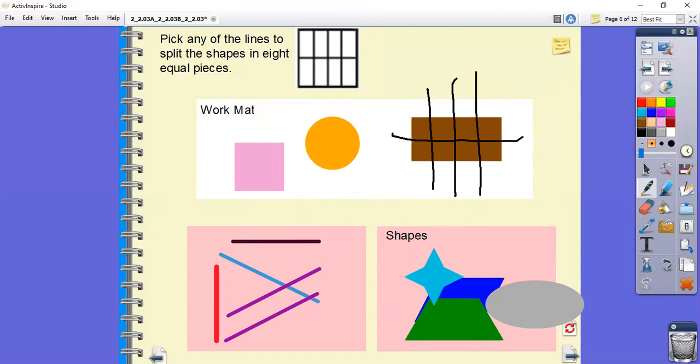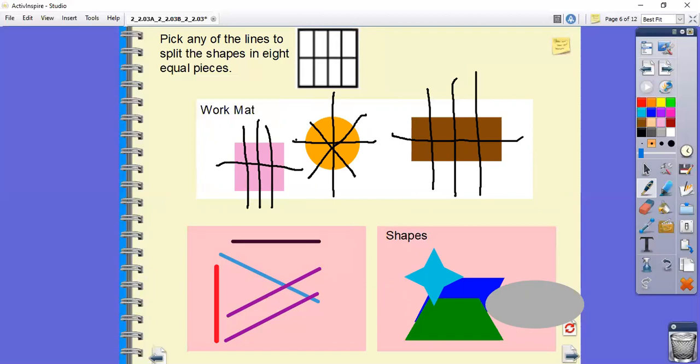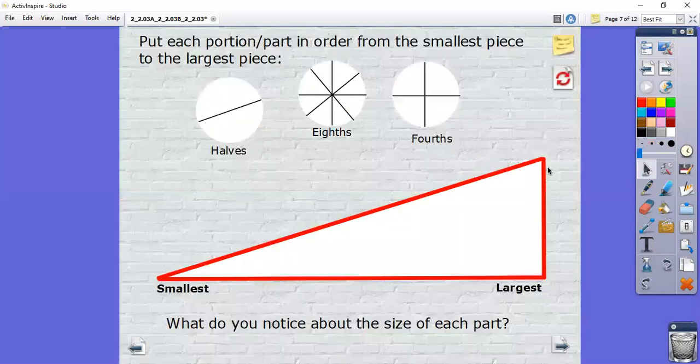That gives me 1, 2, 3, 4, 5, 6, 7, 8 pieces. Anytime I'm doing a circle, I always think about pizza. Here's my unperfect 8 pieces. All right, so some examples for us of 8 equal pieces.